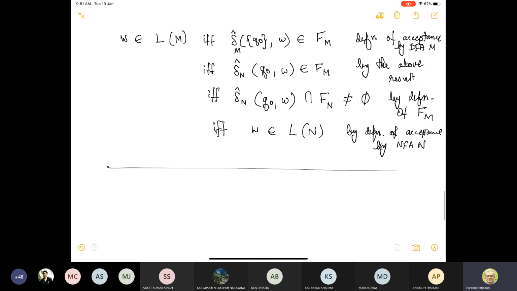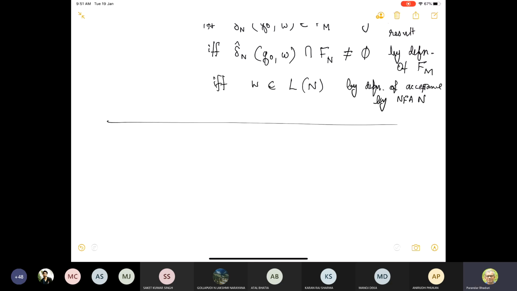So the question is, we showed that DFA and NFA have the same power. Then the next question is, why use NFAs at all? And what do you think is the answer?